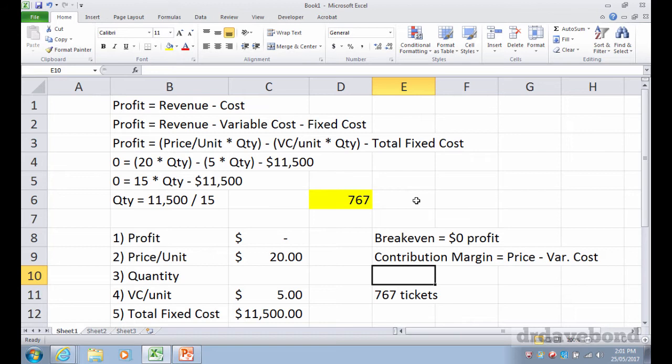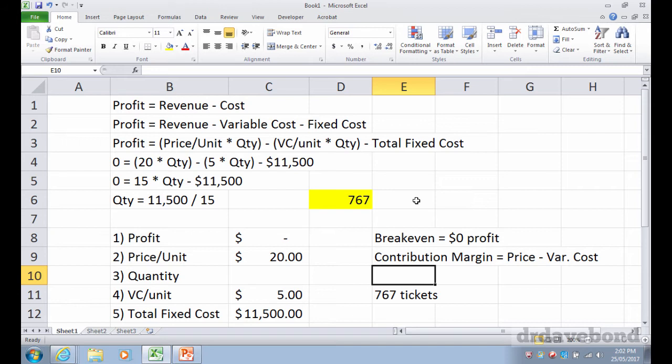What it's showing you is how much each ticket sale is contributing to paying off your fixed cost. If you imagine drawing a box around these two, this is your contribution margin right here. So 20 times quantity minus 5 times quantity, that's your contribution margin. 15 times quantity would be your total contribution margin. 15 is your contribution margin per unit.